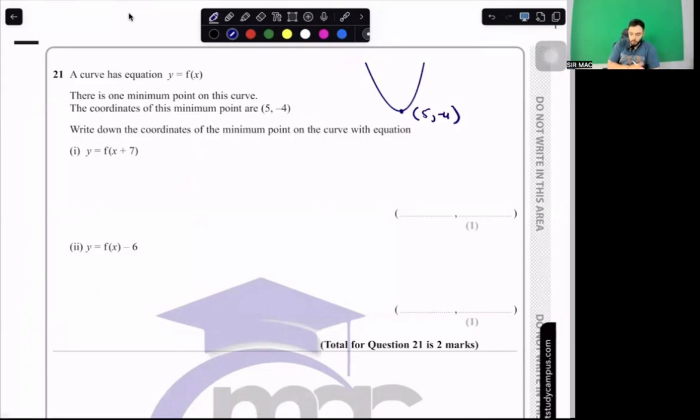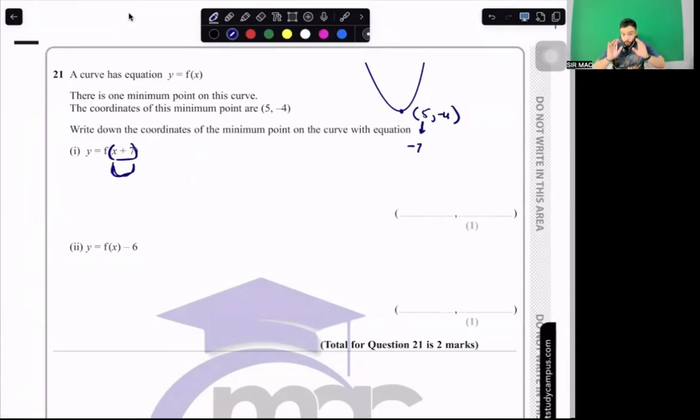So basically, x plus 7 means that if this is f of x and this is f of x plus 7, in general, for the x coordinate you are adding 7 to it. What you have to do in this type of question is, whenever the value inside the bracket is changing, if there's an addition to it, you actually have to subtract 7 from the x coordinate.